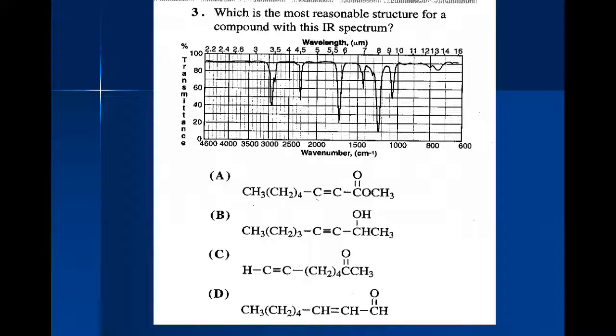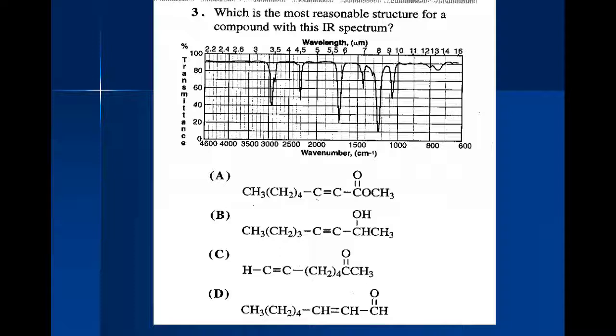There's something in the sp region. We know that, right? What other one doesn't have anything in the sp region? D. B doesn't have an OH, and D doesn't have an sp. So we can eliminate B and D. That leaves us with A and C.